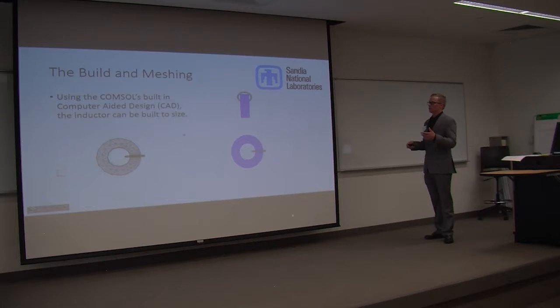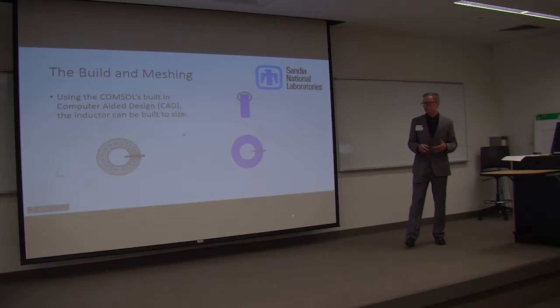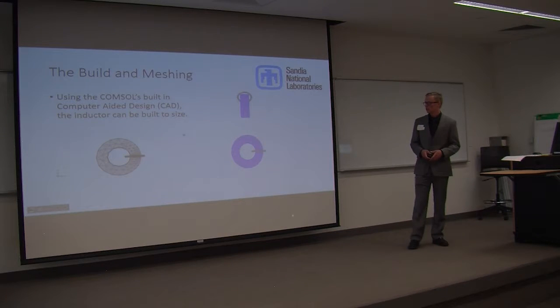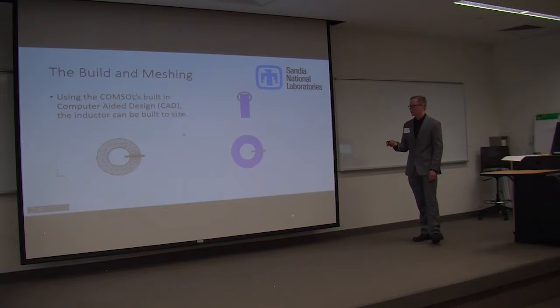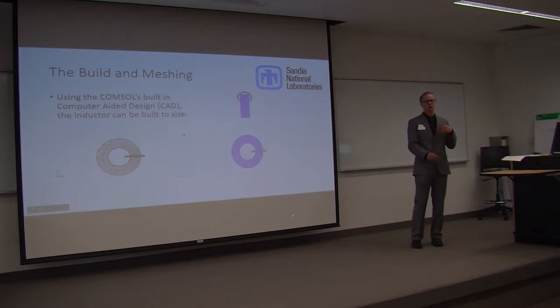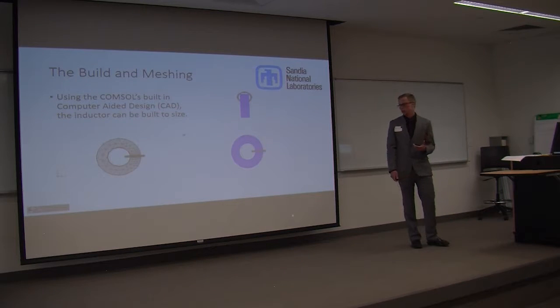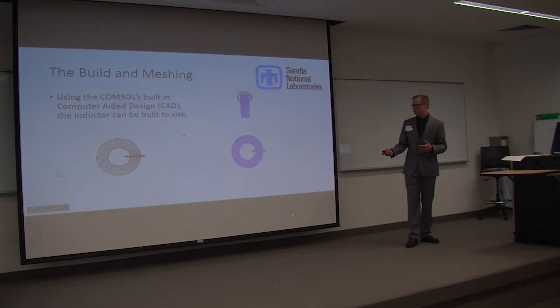So the build and the meshing. I used COMSOL's built-in computer-aided design, or CAD program, to build the inductor, and it's a pretty simple build. We have the toroid here, where it just looks like a donut, and it's shaped to the size of the inductors that we use in the lab. It's about 5 millimeters across and has a width of about 1 millimeter.